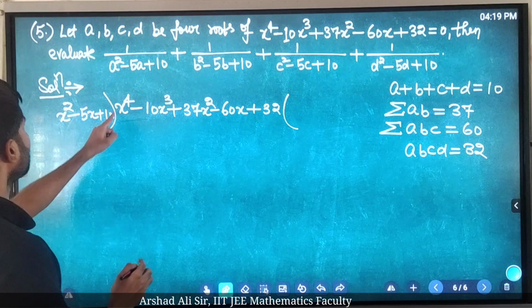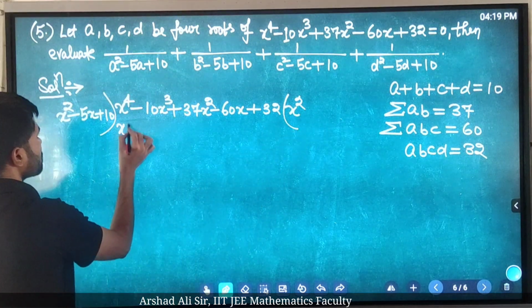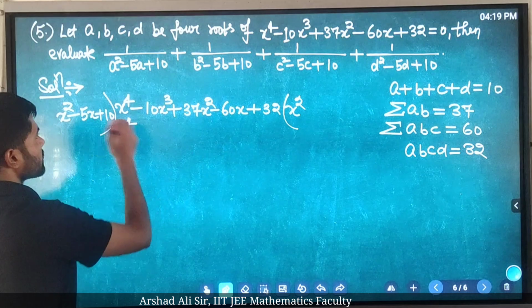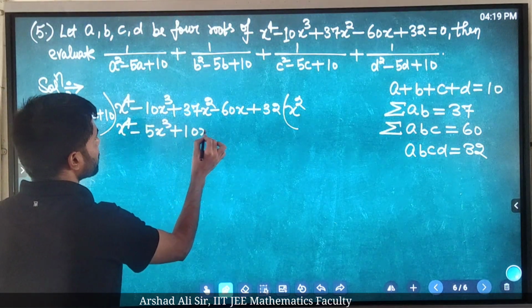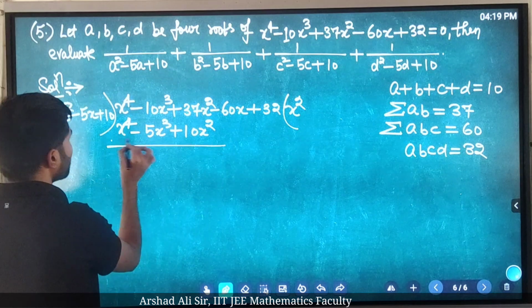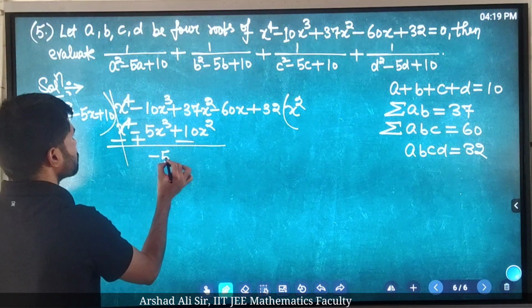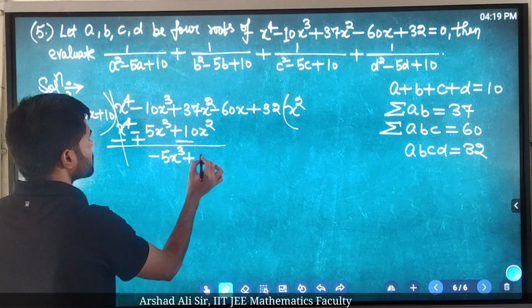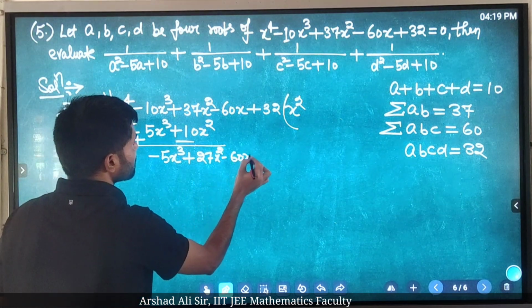Here we need x to the power 4, so we must write x square. So x to the power 4 and here minus 5x cube plus 10x square. Change the sign, minus plus minus, cancel, and here you will get minus 5x cube and here plus 27x square minus 60x.